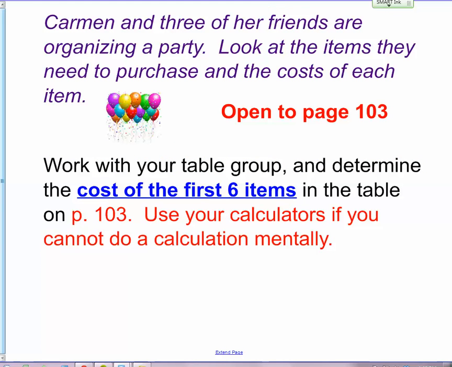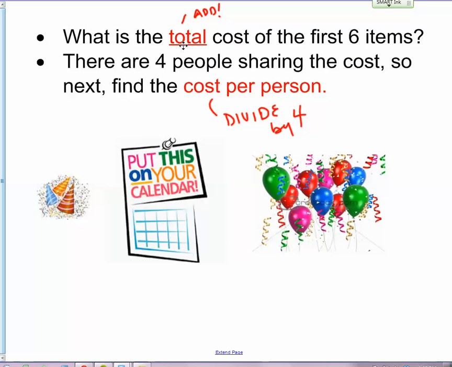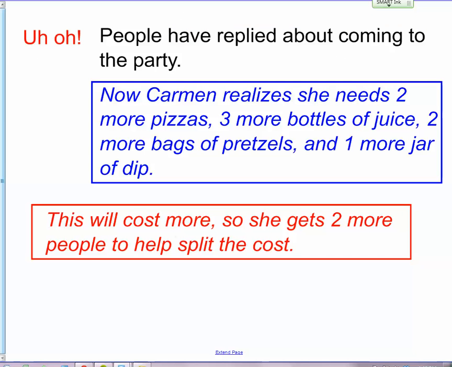So we had the situation that Carmen and three of her friends are organizing a party, and with paper and pencil and your calculators, you had to find the cost of the first 6 items, and then you had to add them together to get the total, and then you had to find the cost for each person. And then, Carmen realized after people RSVP'd that there were more people coming to the party, so she needed more pizzas, more juice, more pretzels, and more dip.